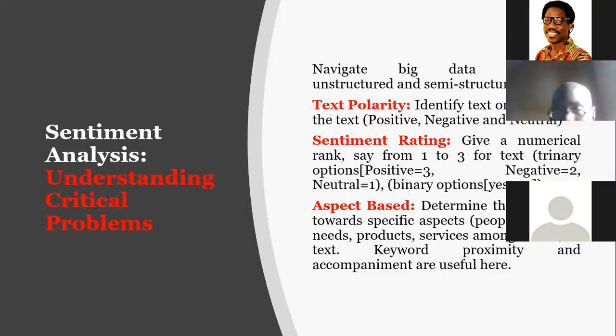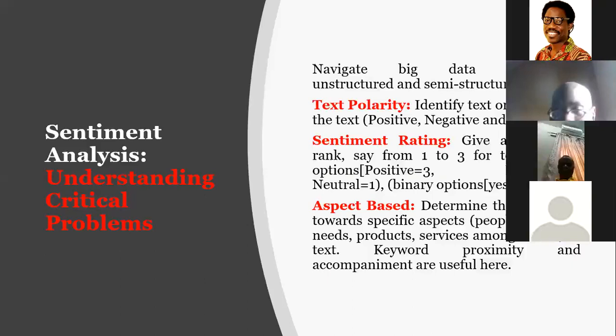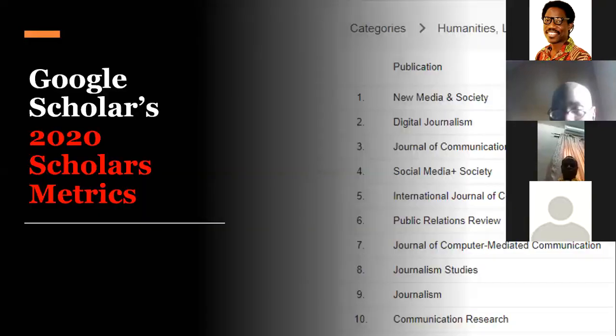So now, why do we need to embrace background research before I come up with this particular discussion? I discovered that in Google Scholar's 2020 metrics within the humanities, literature, and art, these are the top 10 journals in the world.